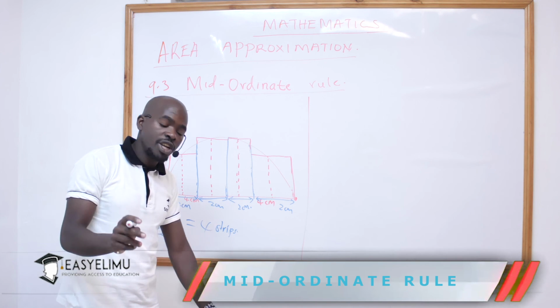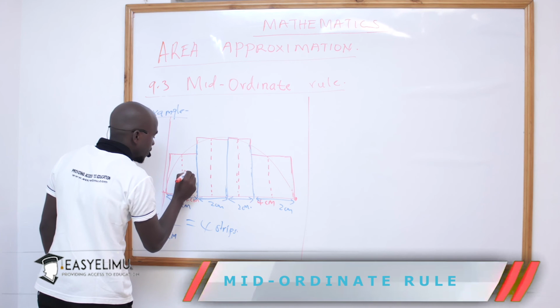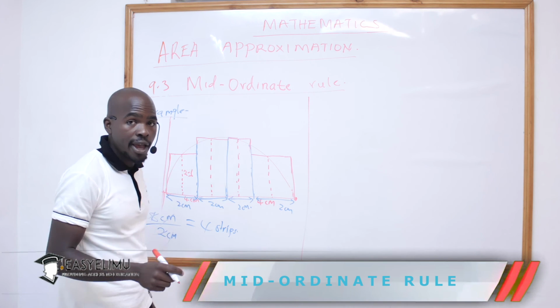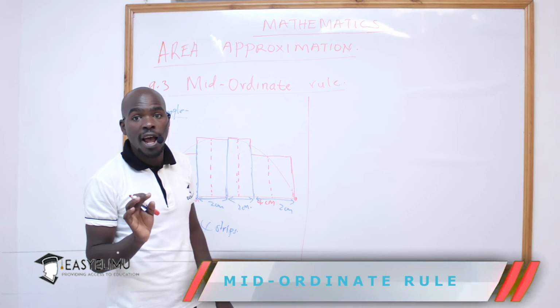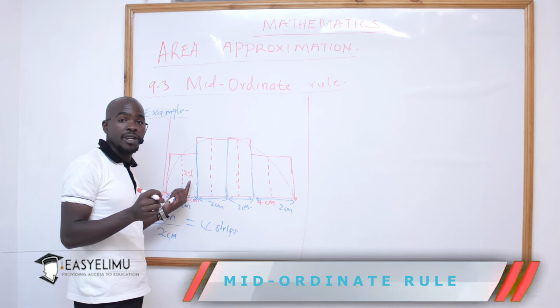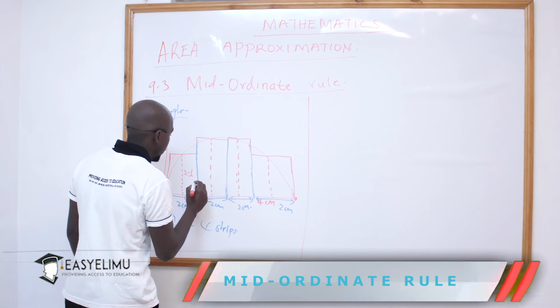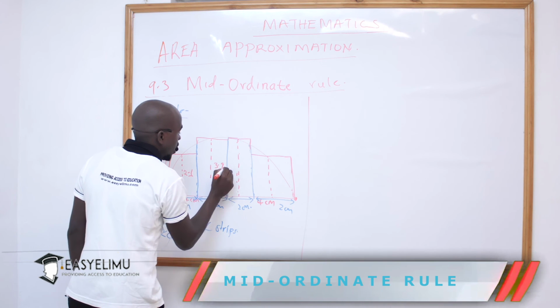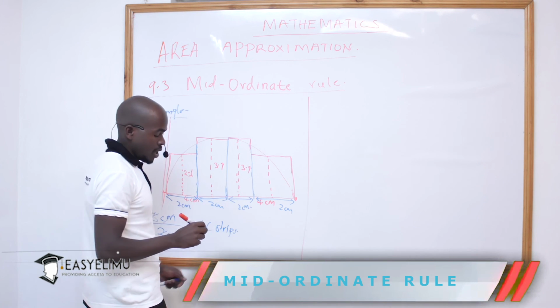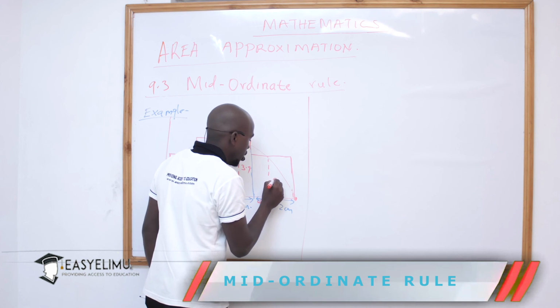The first midordinate we find to be 2.6 if you use a good graph. Another one gives us 3.9, this one also 3.9, and the last one is also 2.6.